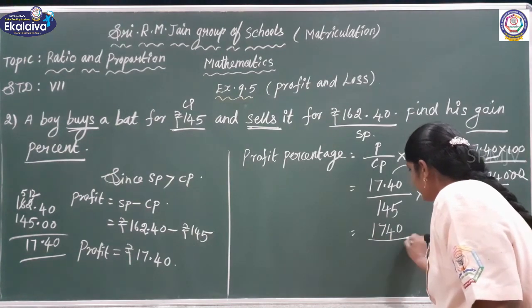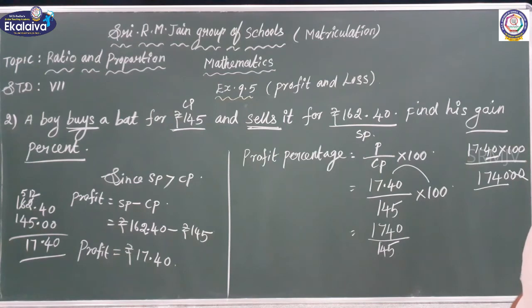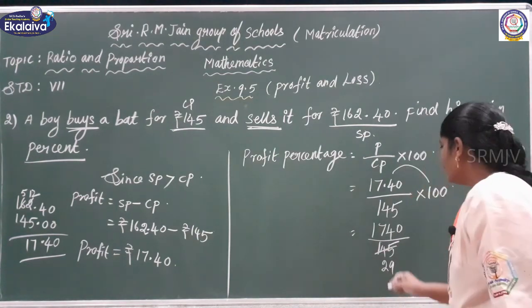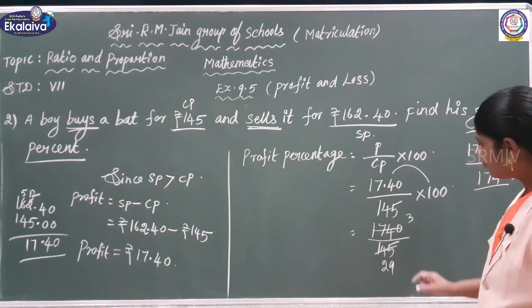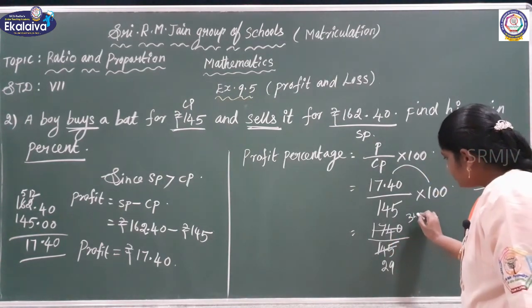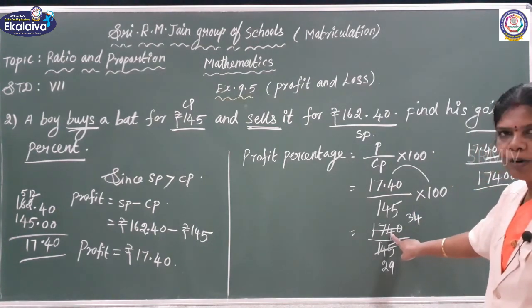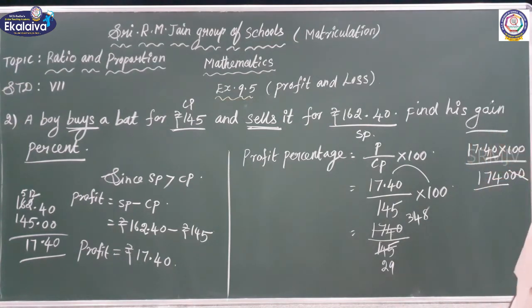1740 divide by 145. Now, divide by 5 table. Okay. So, 2 5s are 10, 9 5s are 45. 3 5s are 15, remaining 2, 24. 4 5s are 20. Then remaining 4, 0, 40, 8 5s are 40. Okay.